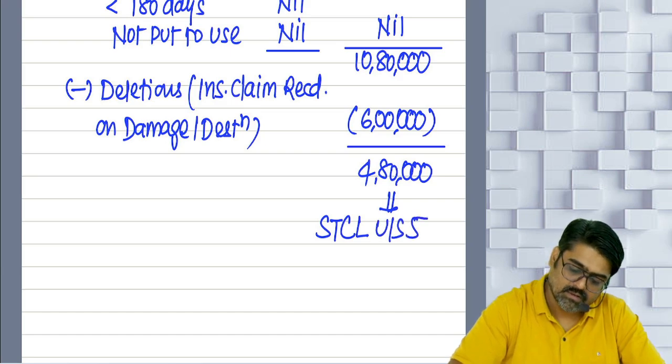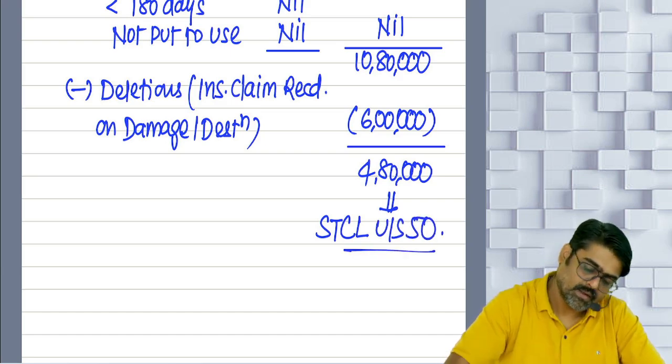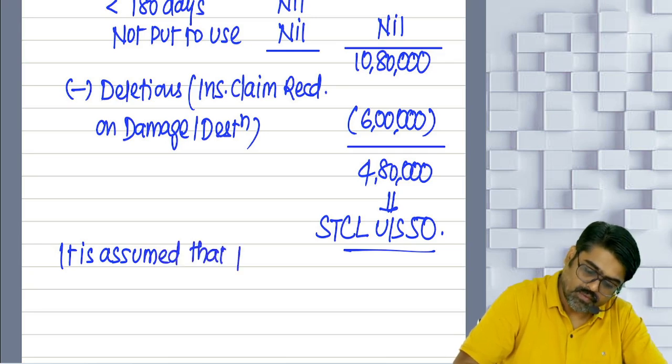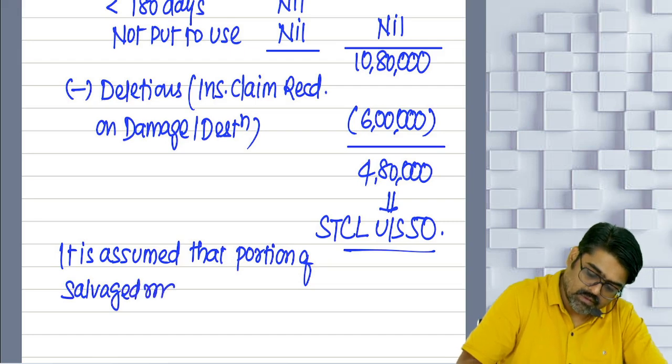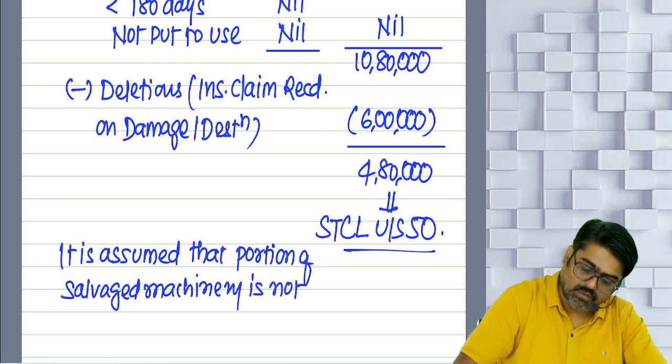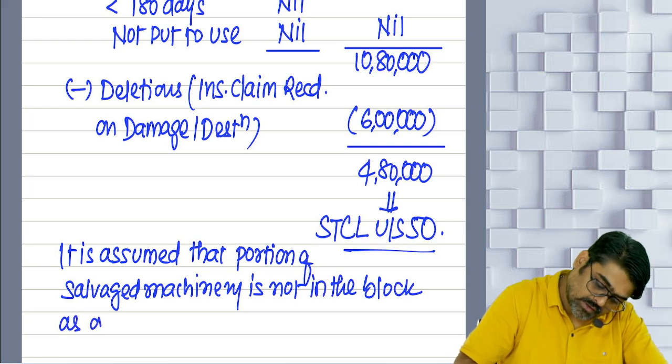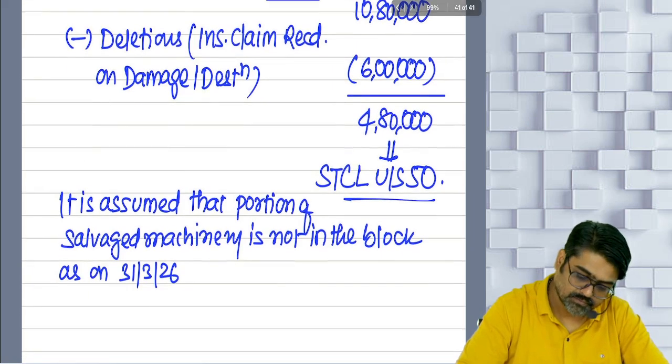Under section 50, and it is assumed that portion of salvaged machinery is not in the block as on 31st March 2026, yes or no?